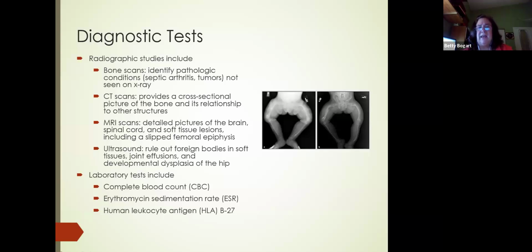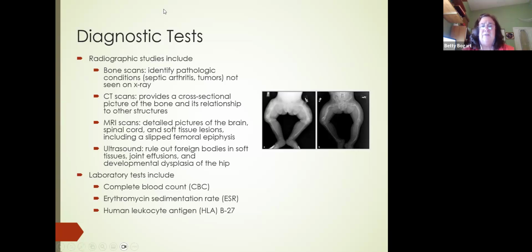Also, then we're doing a CAT scan, looking at that. And then more detailed is the MRI. And we could see things like slipped femoral epiphysis, the growth plate's not working right. Therefore, it's crooked. And that's why this limping and whatnot is going on.